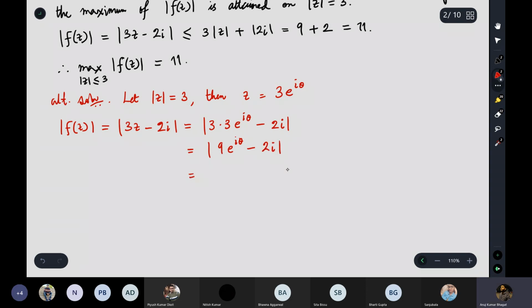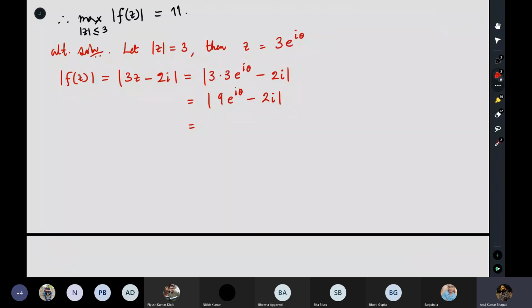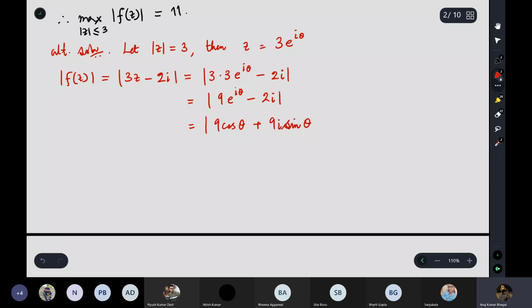You have to find the modulus of this complex number. e to the power i theta is cos theta plus i sin theta, so this is 9 cos theta plus 9i sin theta minus 2i. What is the modulus of this complex number? It is the root of the real part squared plus the imaginary part squared.